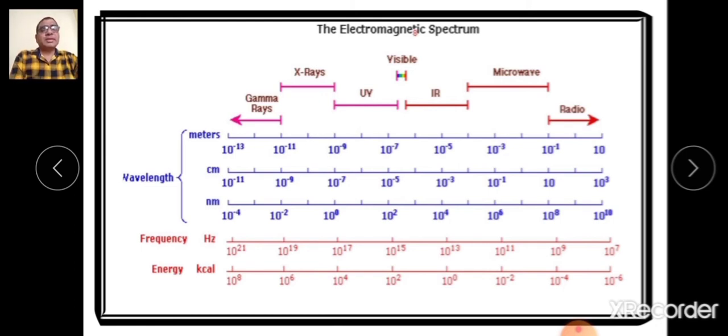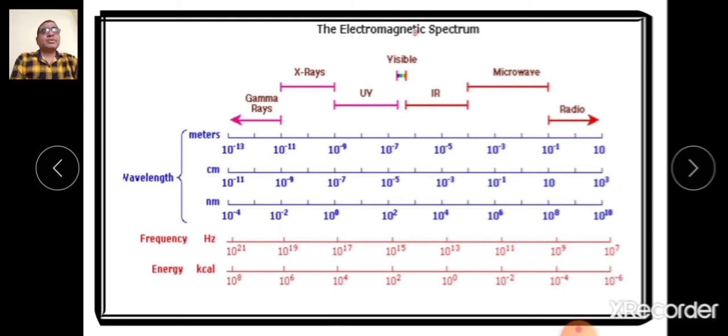Now, here on the left side of the spectrum, shorter wavelengths having high frequency are shown, while on the right side longer wavelengths having lower frequency are shown. As wavelength is measured in different units, there are different units like meter, centimeter, nanometers given.